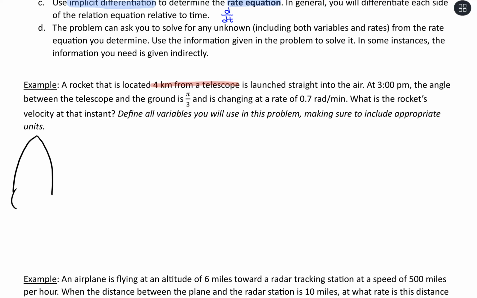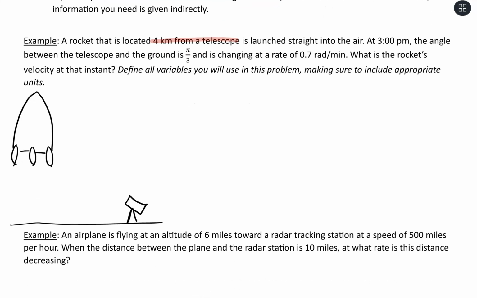Okay, here is our rocket. And then we have the ground, and then we're going to have a telescope. All right. And we have the rocket where it launched to where the telescope is 4 kilometers.